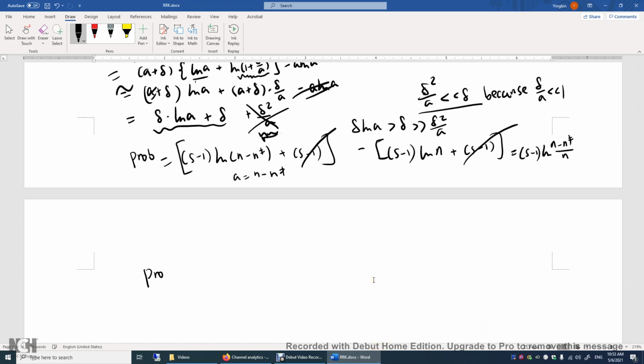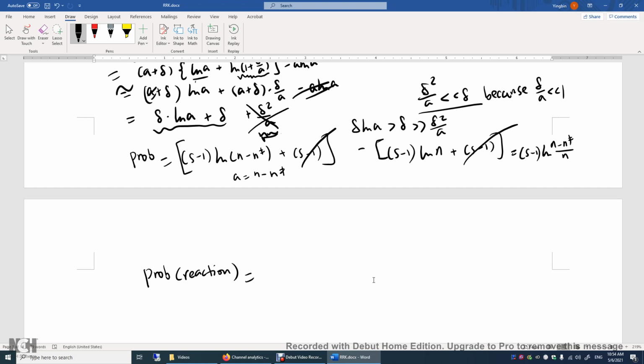The probability of the reaction occurring is, well, the condition of the reaction occurring is that the special vibration mode gets enough energy. For example, n double dagger h nu energy, or more than that.